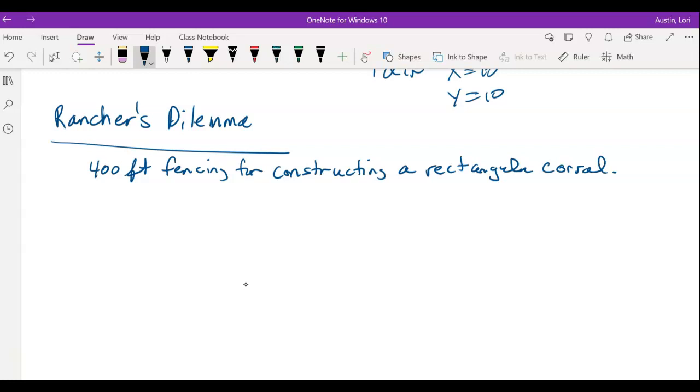Okay? But here's the deal. One side will be formed by a barn that already exists and requires no fence. And we'll draw a picture in a minute.